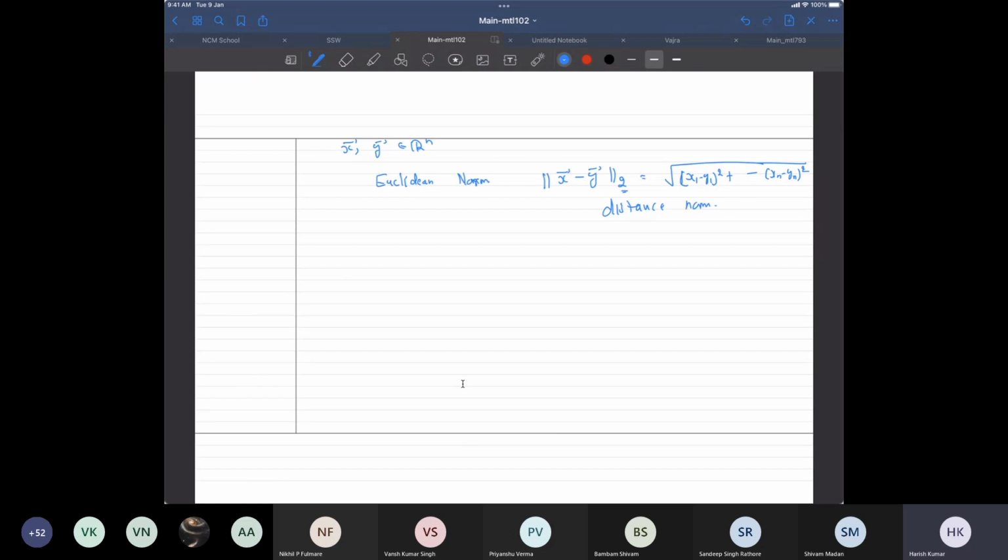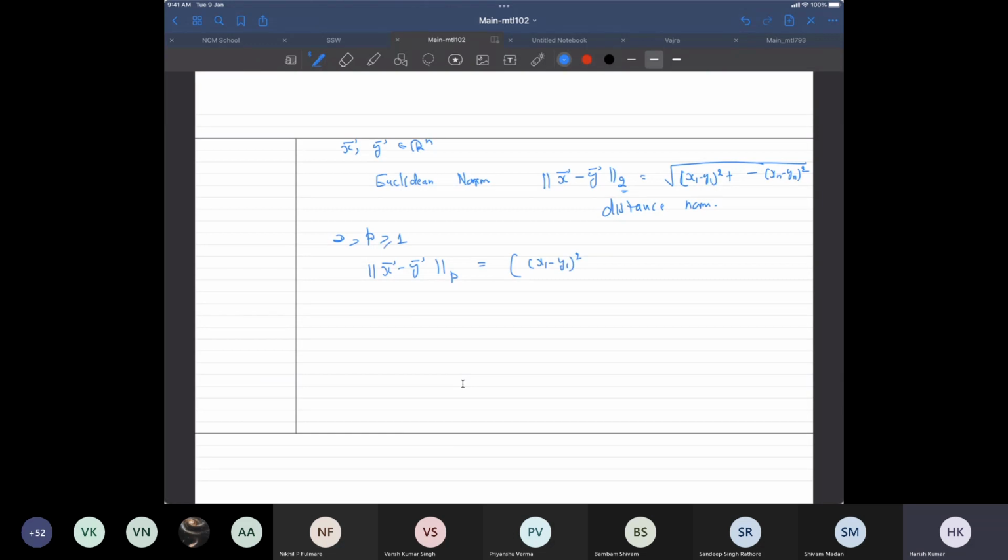But this is not a unique way of doing it, because I can easily replace this 2 with a p. For any p bigger than 1 and less than infinity, you can have something called the p norm. Instead of taking the square root, you will take the power 1 upon p, and here you will take |x1 minus y1| to the power p, plus ... plus |xn minus yn| to the power p, all to the 1 upon p.